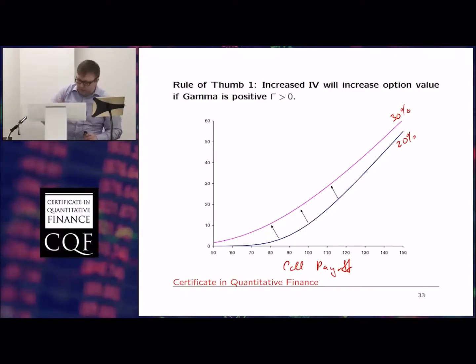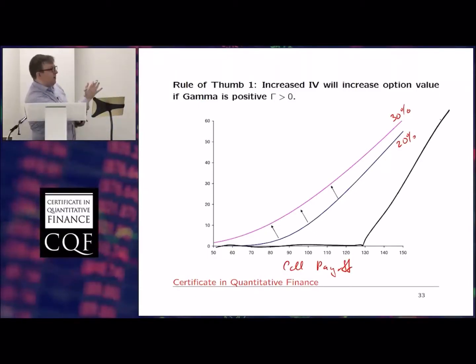Of course, it corresponds that at expiry you have no curvature, at expiry you have a line. So the higher the vol, the smoother the payoff.